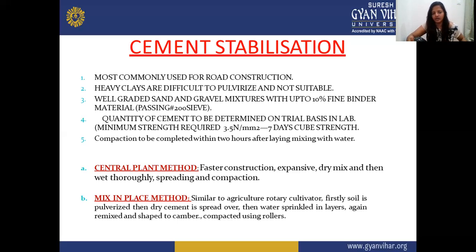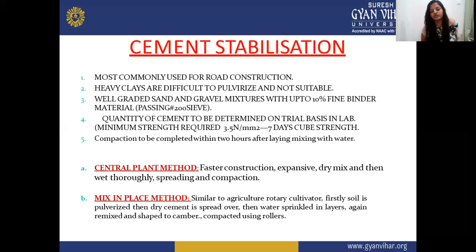The soil is totally pulverized at the same site of construction. It is mixed with cement in different layers, spread with water, and thoroughly mixed on the same site. It does not go to any central plant.